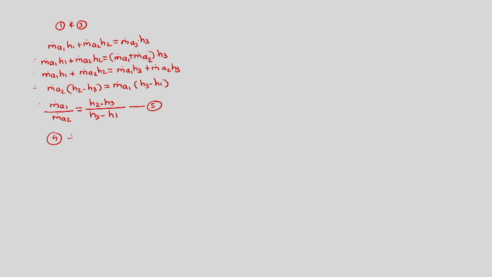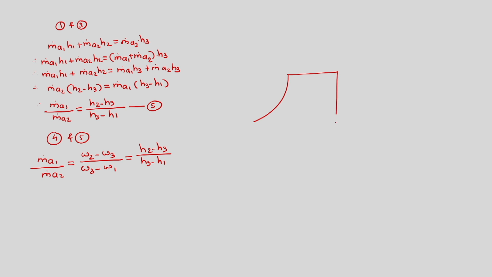So we can write from 4 and 5 that m dot A1 divided by m dot A2 is equal to omega 2 minus omega 3 divided by omega 3 minus omega 1, which is also equal to H2 minus H3 divided by H3 minus H1. Now this is very simple to identify the states.